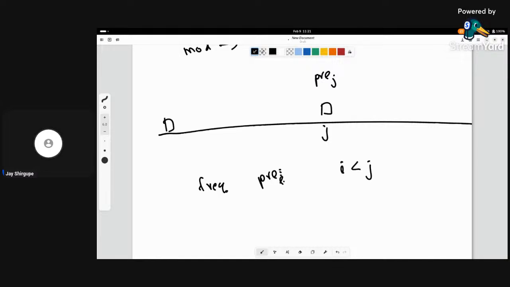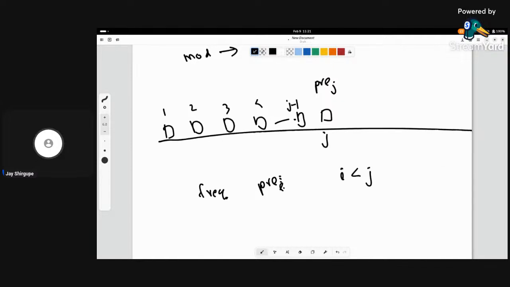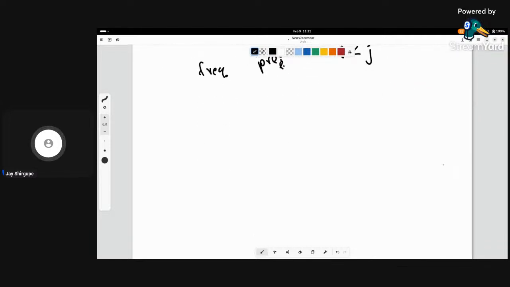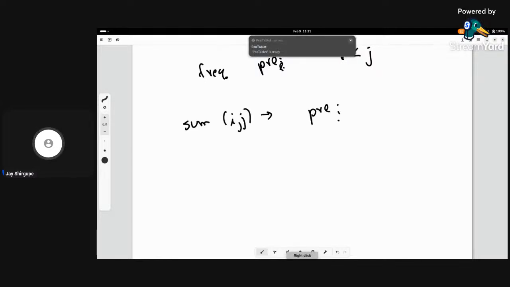Then this is your prefix of i for 1, prefix of i for 2, prefix of i for 3, prefix of i for 4, and so on up to j minus 1. And so at this j, the number from i to j is basically prefix of j minus prefix of i.